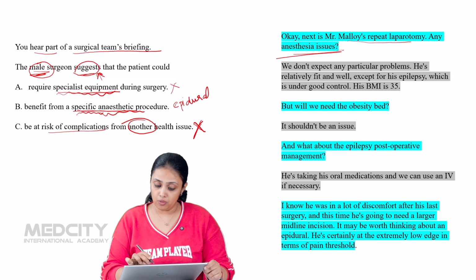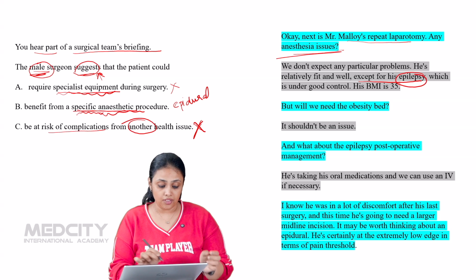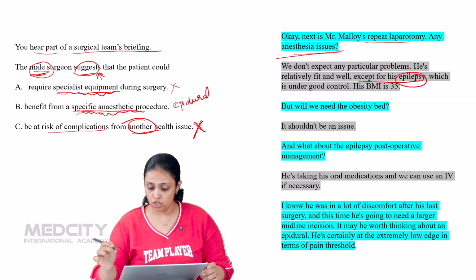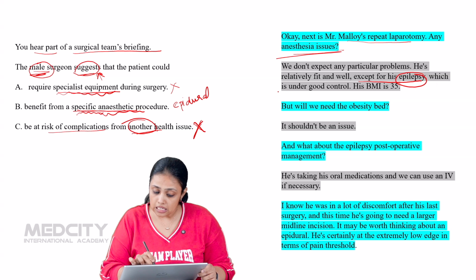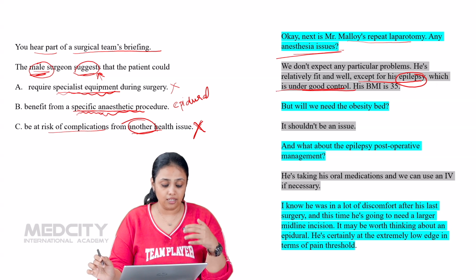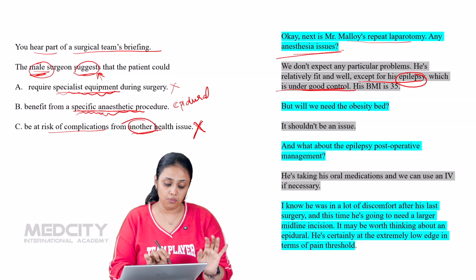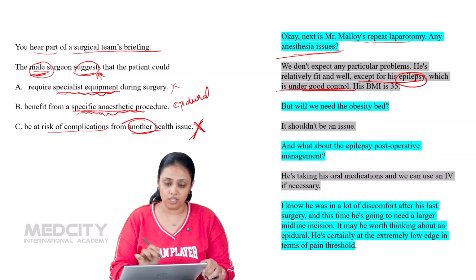And for that, the female voice replies, we don't expect any particular problems. He's relatively fit and well, except for his epilepsy. So that is another health issue that they are talking about, which is under good control, which means that there will not be any possible risk or complications associated with that. So immediately you will be crossing this out.